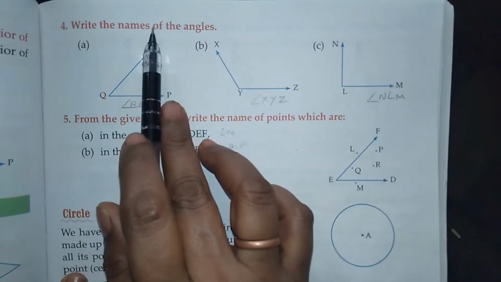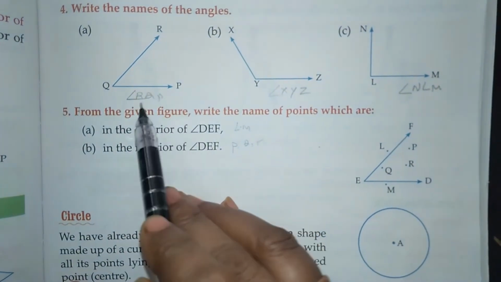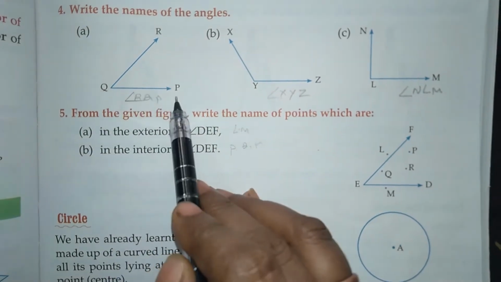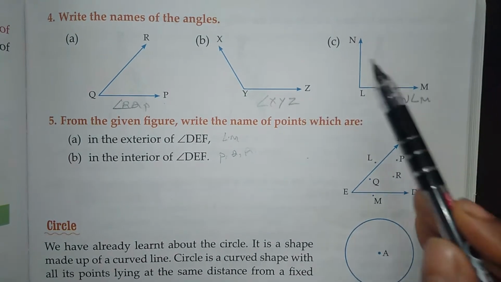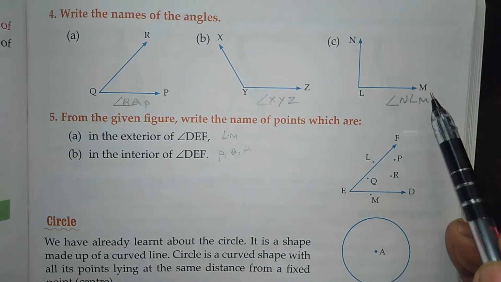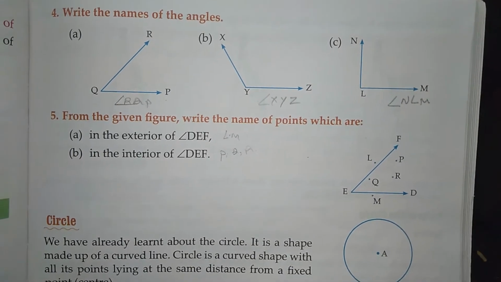Fourth question, write the names of the angles. Angle RQP. Here also angle XYZ, angle NLM. Okay.